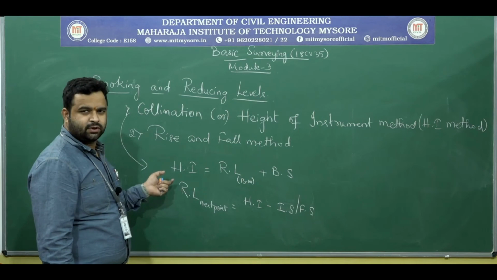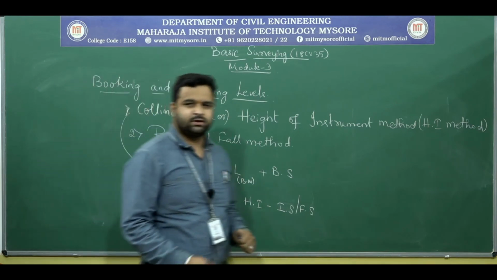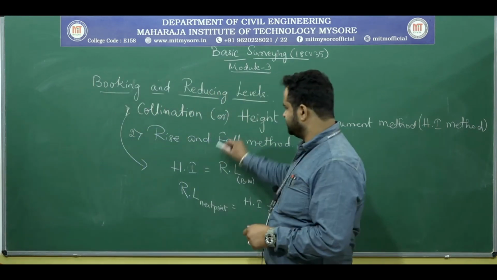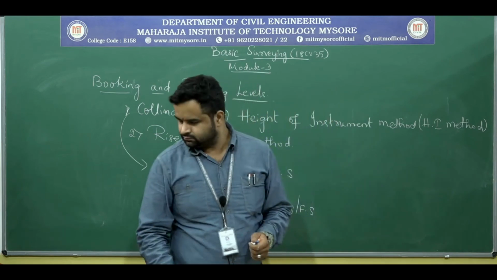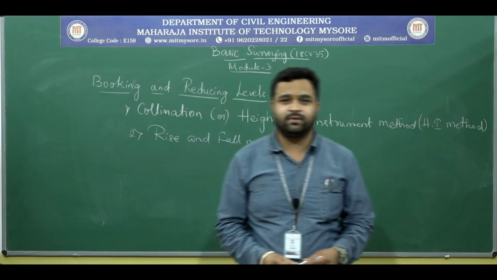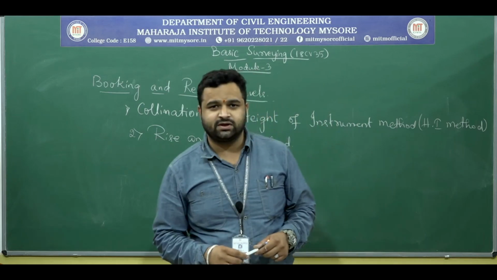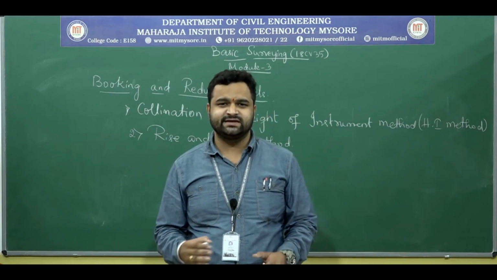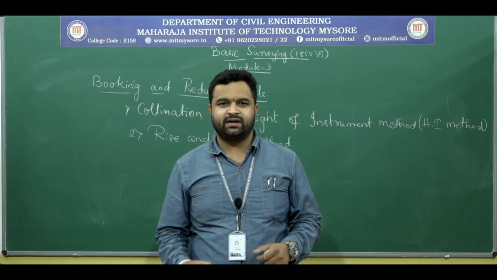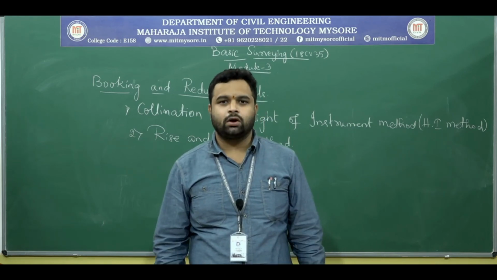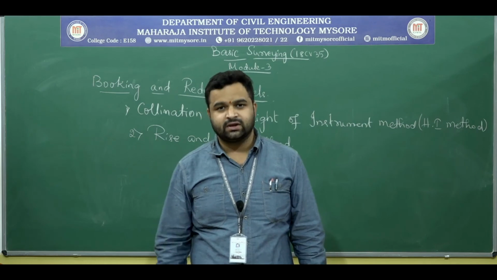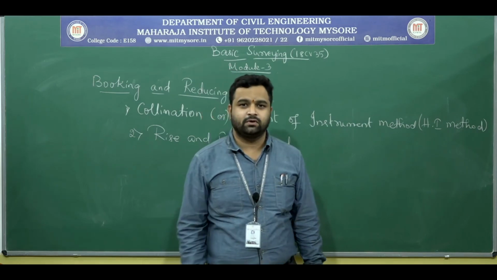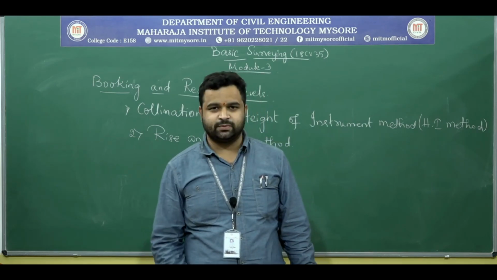Okay, next we shall move on to the next method, which is the rise and fall method. What do you mean by rise and fall method? In the rise and fall method, the difference of level between consecutive points is found by comparing the staff readings on the 2 points for the same setting of the instrument.